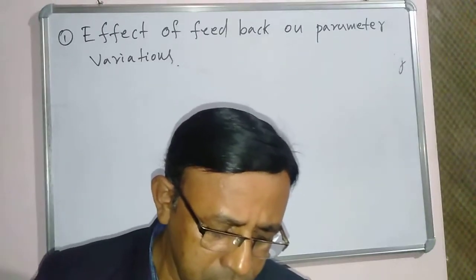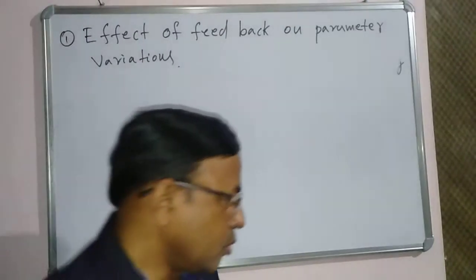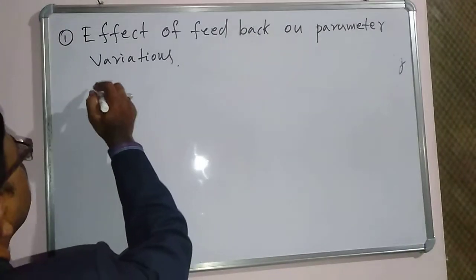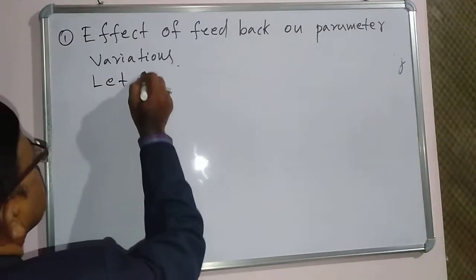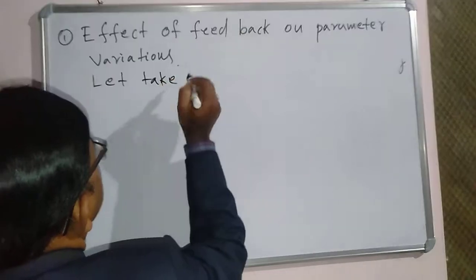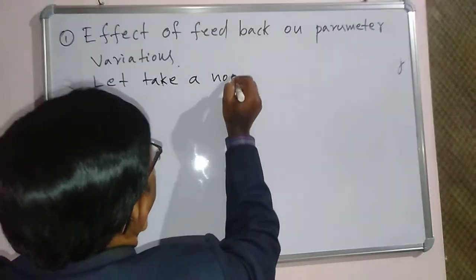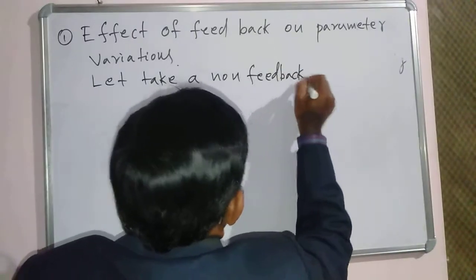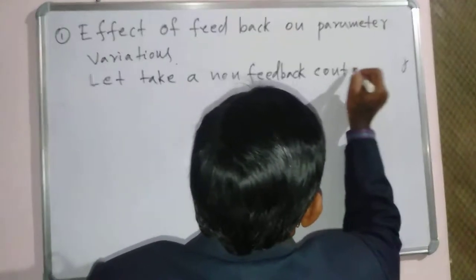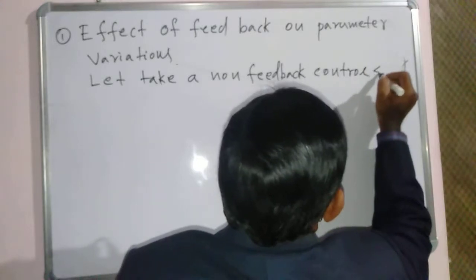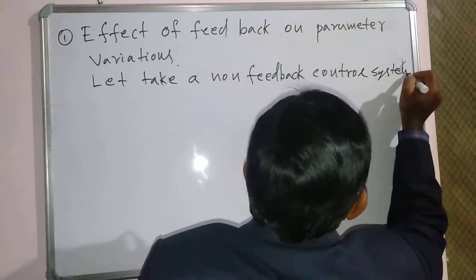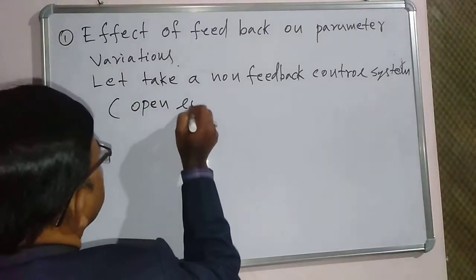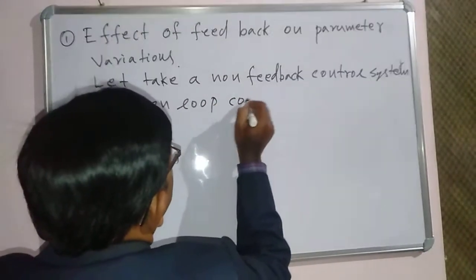on parameter variations. So first let us take one example of a non-feedback control system, that is your open loop control system.